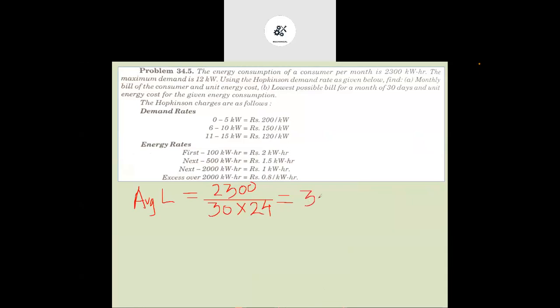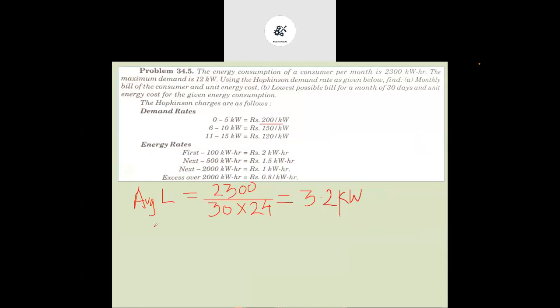So we are going to find the average load, the total energy divided by the total hours. That will give you the average load or the maximum load from that particular consumer. So it will be equal to 3.2 kilowatts.